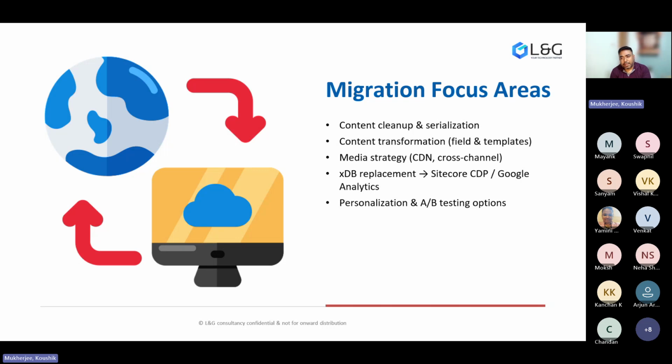It is the same-to-same migration only. If you change any field type or any property of a field, you will not be able to migrate it using the migration tool. Then you need to manage it separately, maybe with a PowerShell script, or manually.